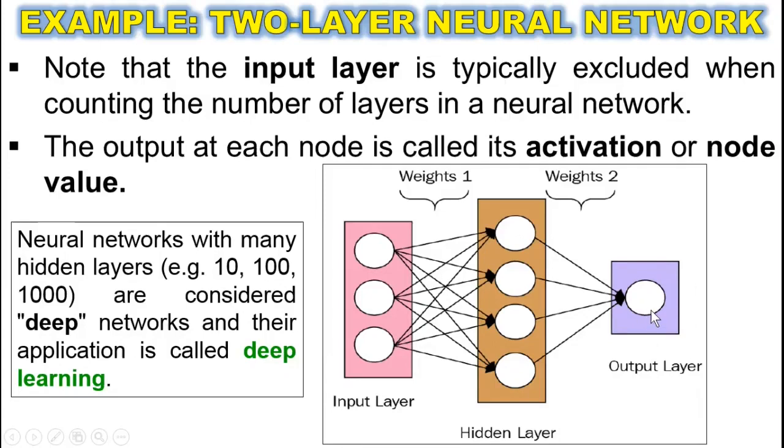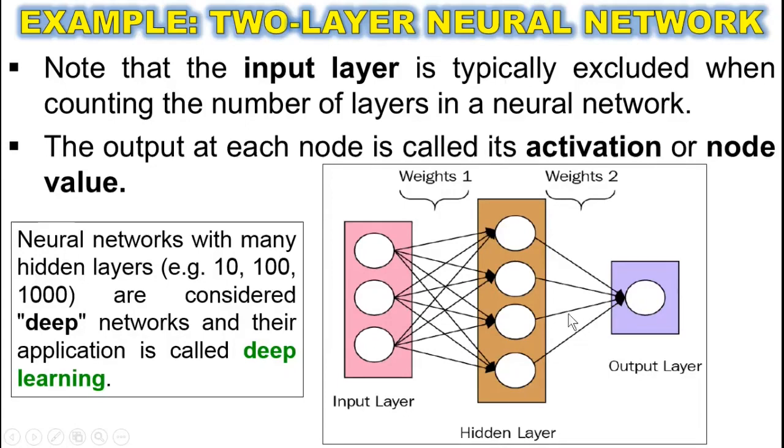So if we count how many layers, all in all, the hidden layer is counted 1 and the output layer is counted 2, and the input layer is not counted. The output at each node is called its activation or node value.